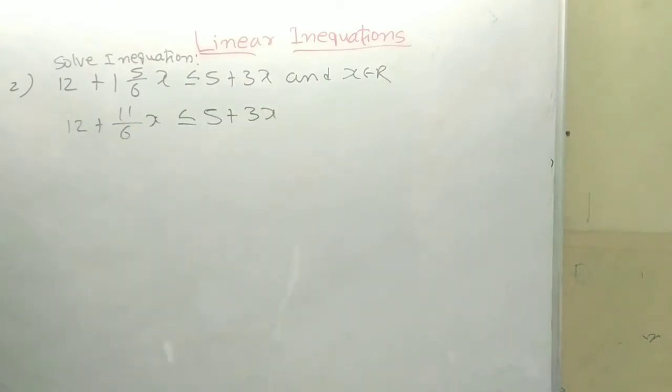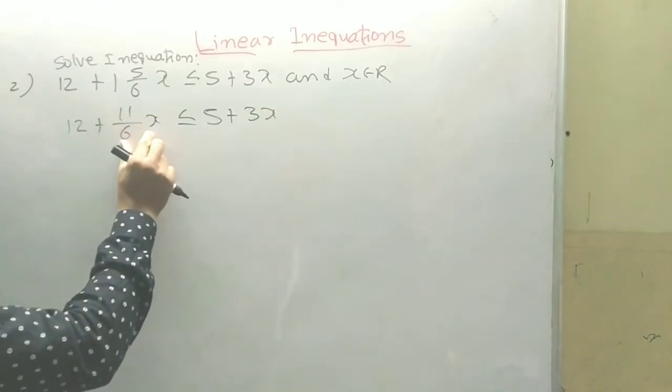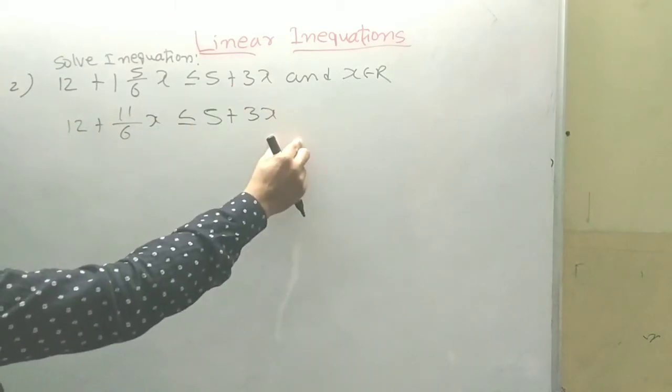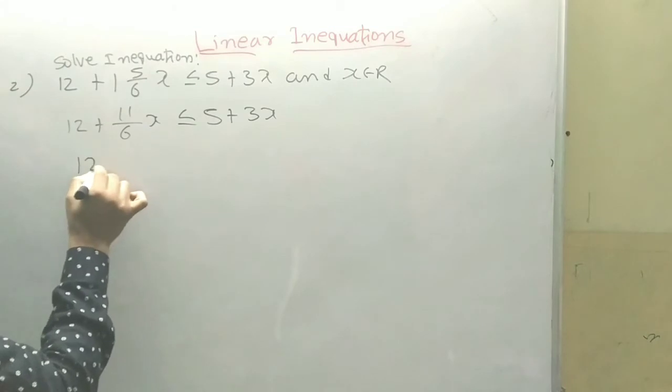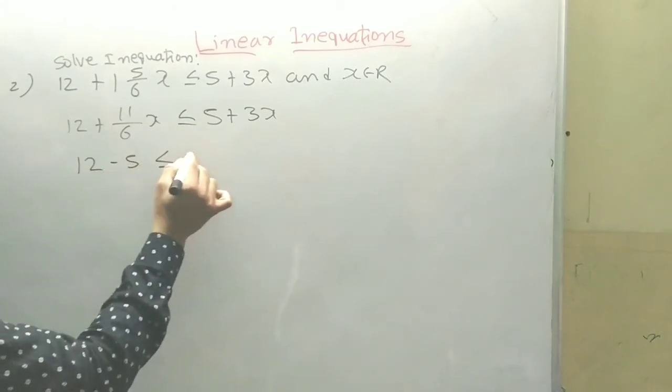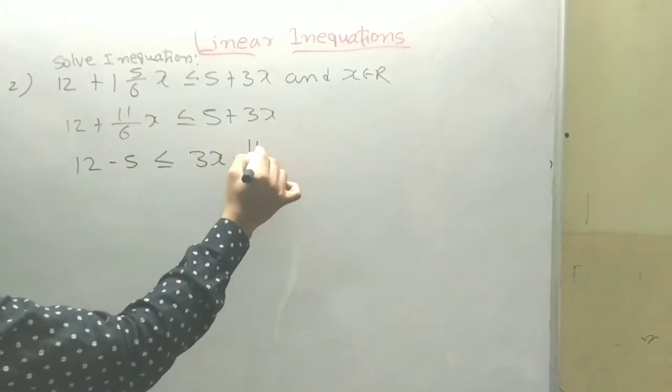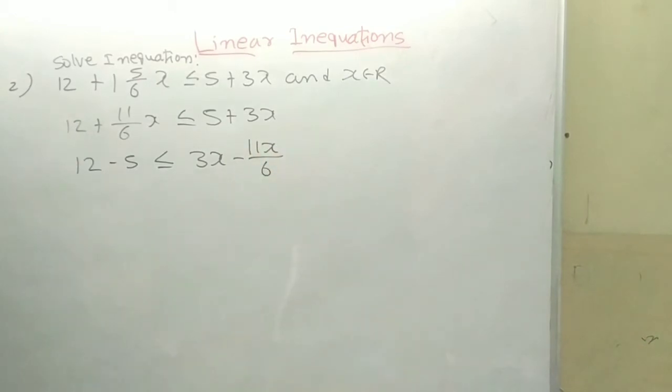Now I will bring all the x values to one side of the inequality and the constant values to the other side. So 12 minus 5 less than or equal to 3x minus 11x/6.